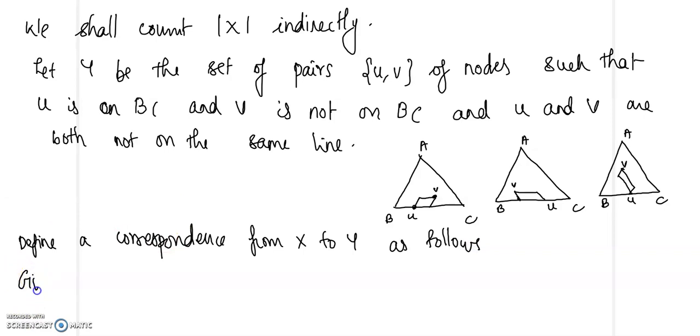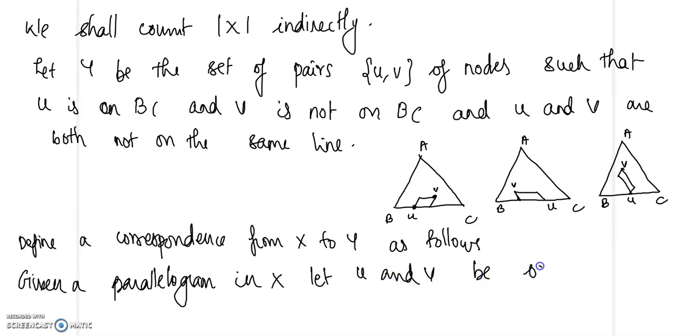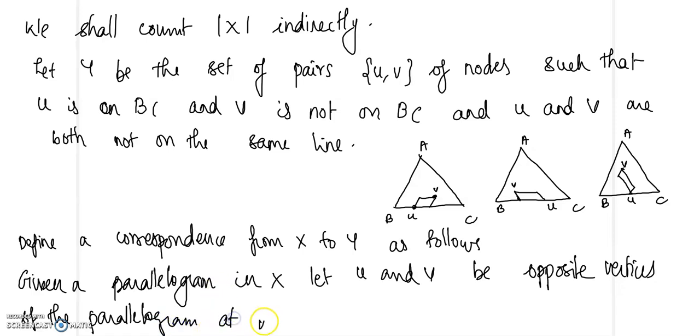Given a parallelogram in X, let UV be opposite vertices of the parallelogram at which the angles of the parallelogram are acute.